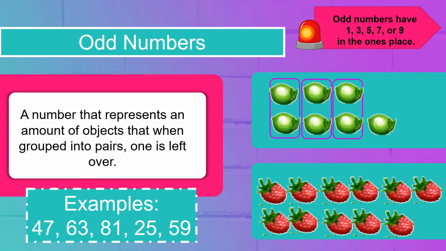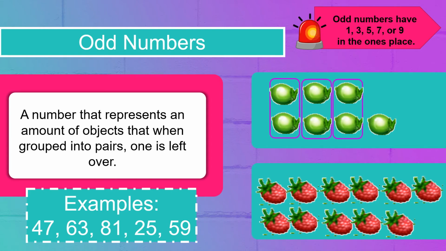Now let us count the raspberries and group them in pairs. 1, 2, 3, 4, 5, 6, 7, 8, 9, 10, 11.